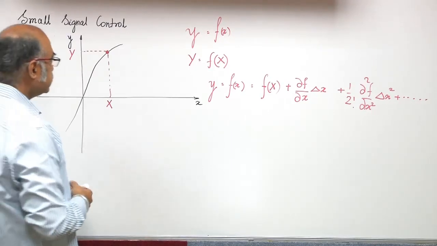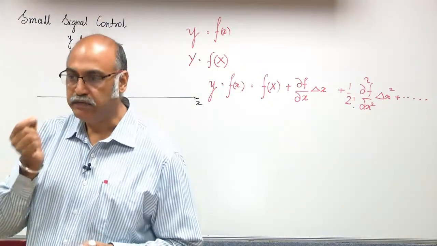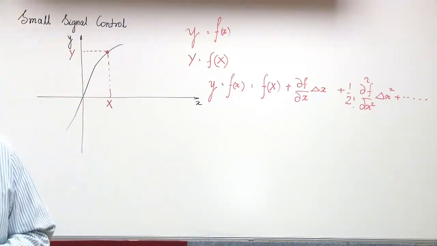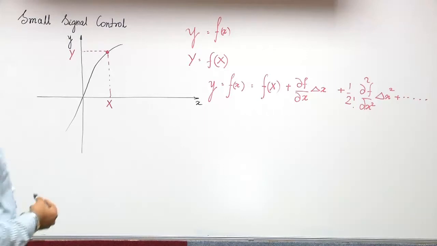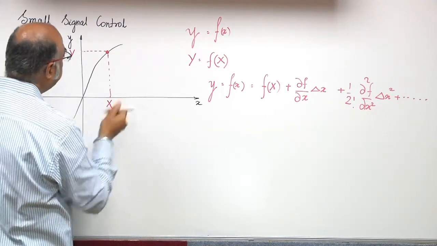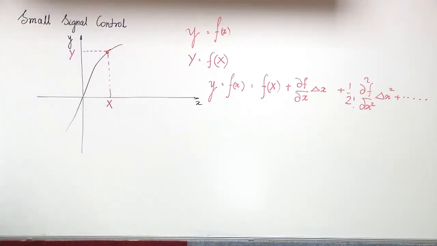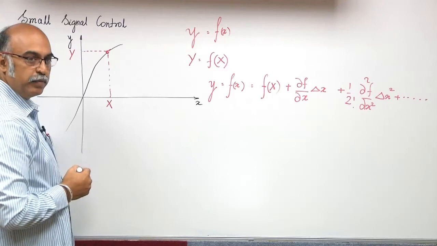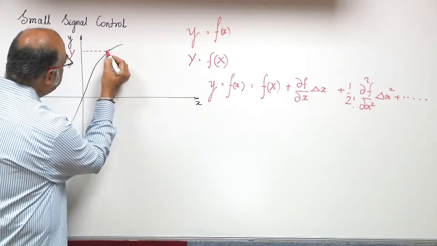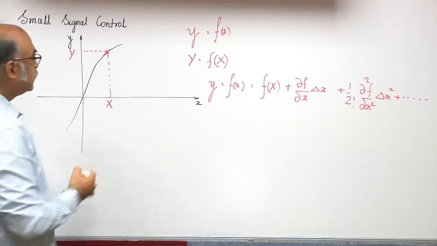What is delta x? Delta x is a small deviation in the neighborhood of the operating point. So, if I take, for example, the operating point, it can deviate a bit out of the operating point on that side, can deviate a bit out of the operating point on this side, isn't it.